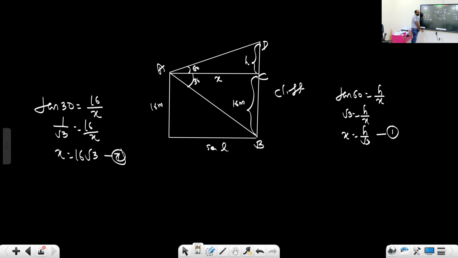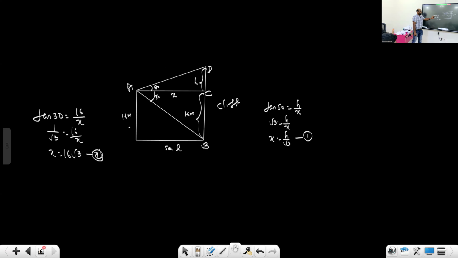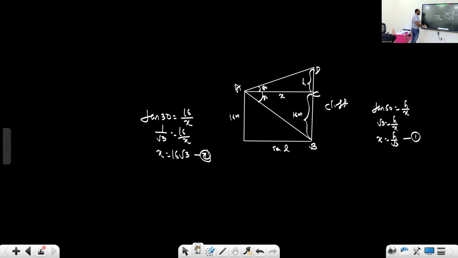From 1 and 2, h by root 3 equal to 16 root 3.